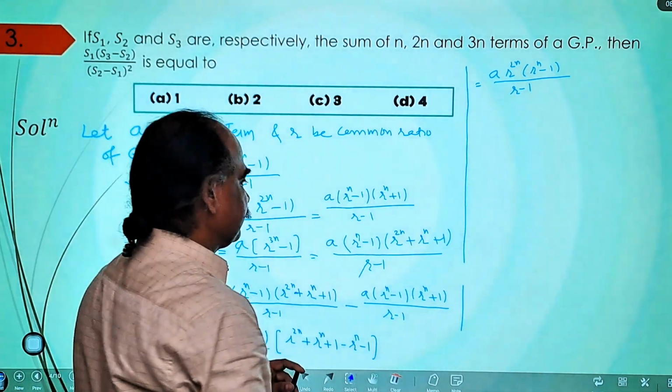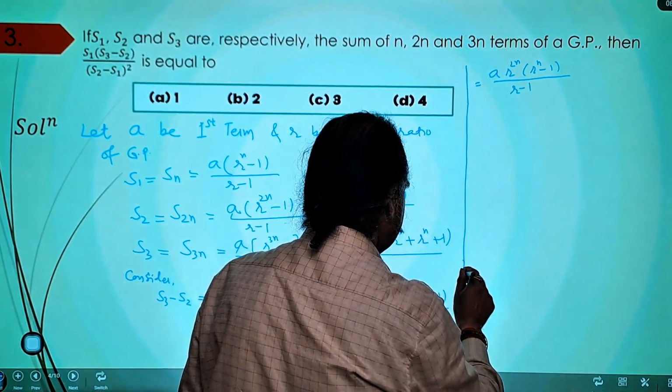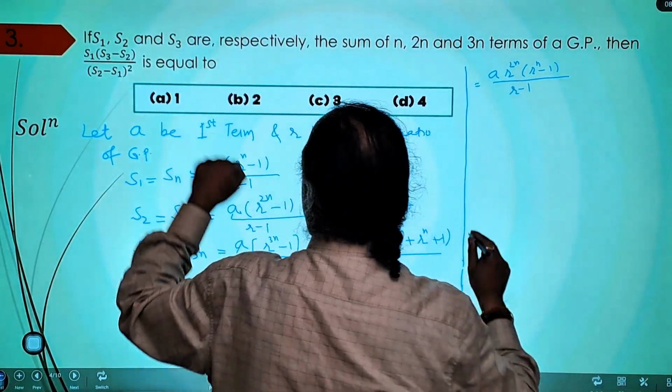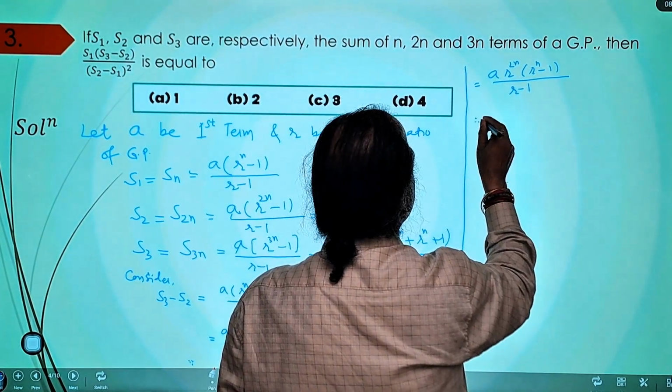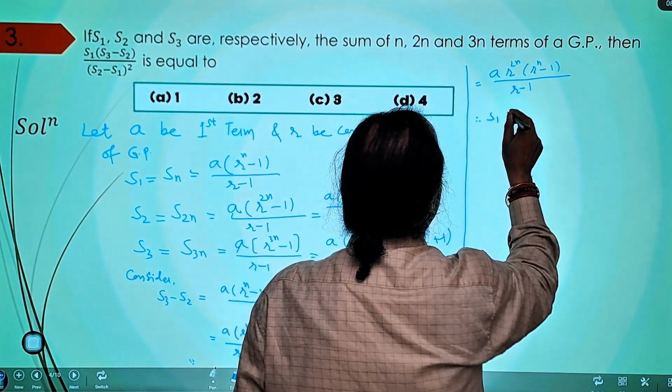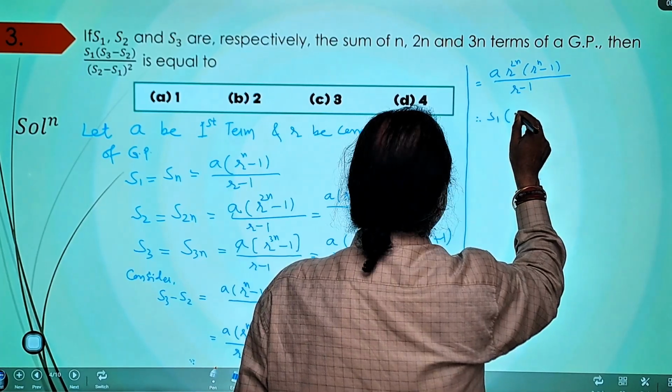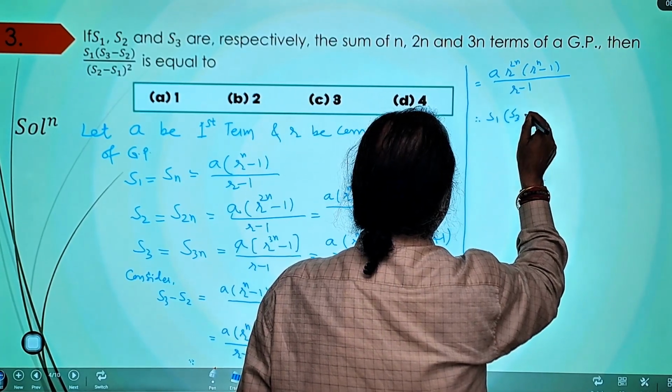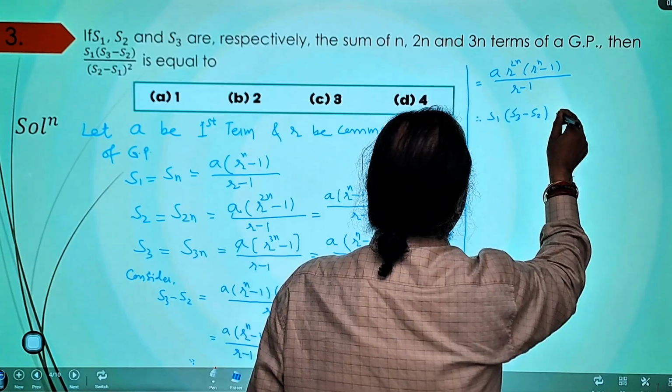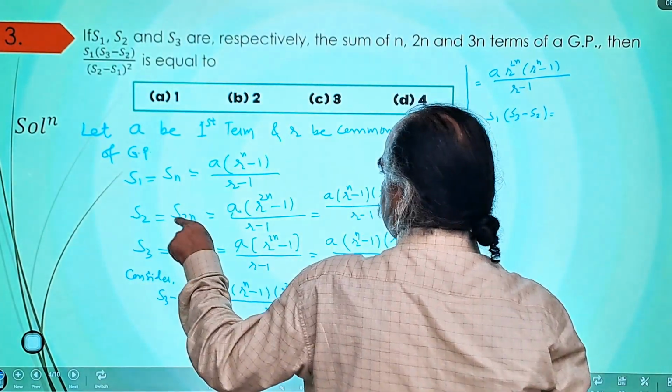What about S2 minus S1? Therefore S1 into S3 minus S2. S1 is what?